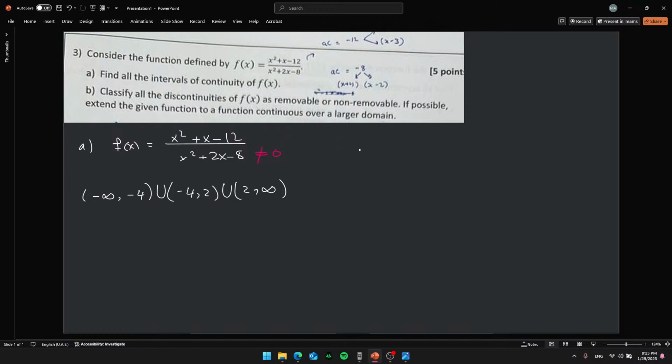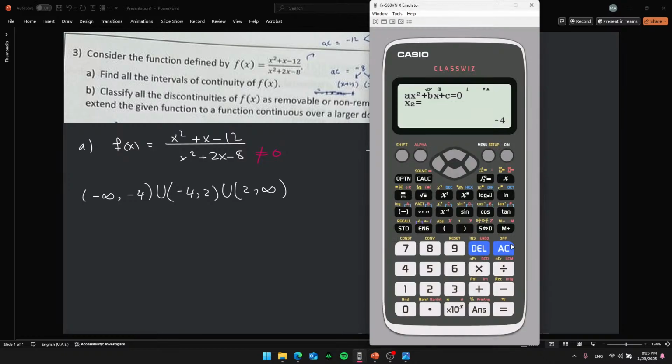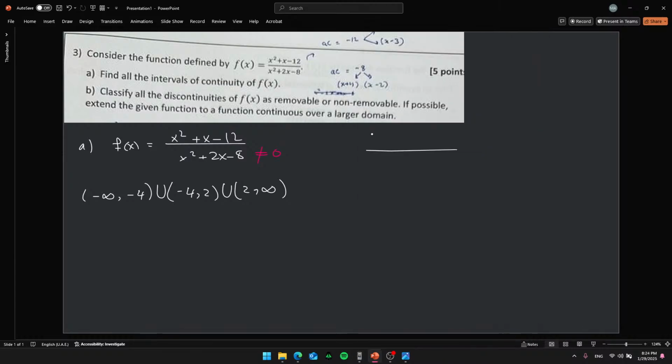Now I'll give you a trick. Let's factor the numerator first: x minus 3 times x plus 4, and the denominator was x minus 2 times x plus 4, right?